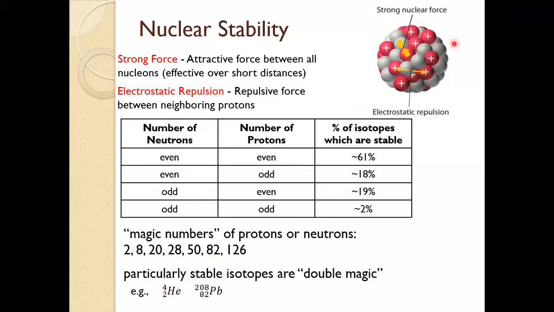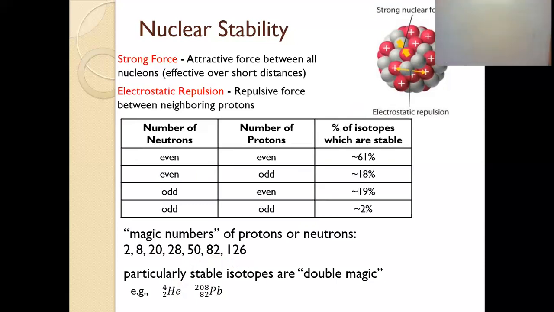We can see with the helium-4 nucleus that helium-4 has obviously 2 protons, which is a magic number, and 4 minus 2 also gives it 2 neutrons. So it has both a magic number of protons and a magic number of neutrons.